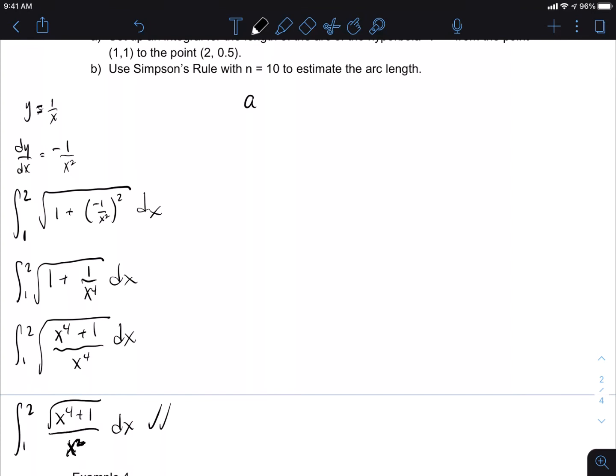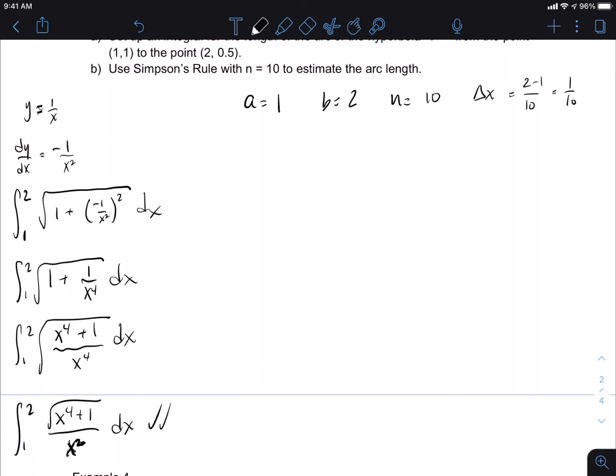So what's our a in this case? Two. The a is 1. Oh, what's our b? 2. What is our n? 10. Perfect. 10. And then our delta x, isn't that going to be 2 minus 1 over 10, which is going to give us 1/10?